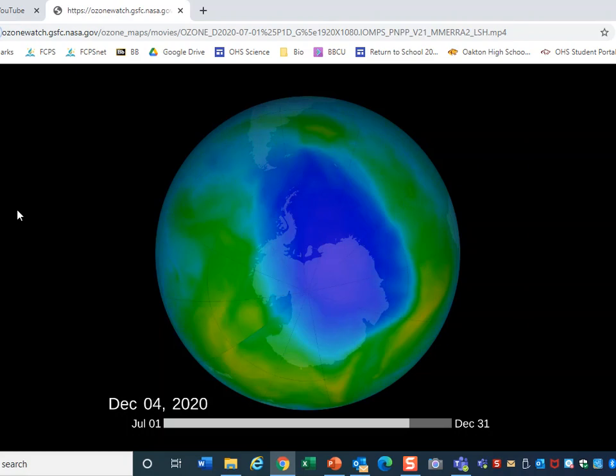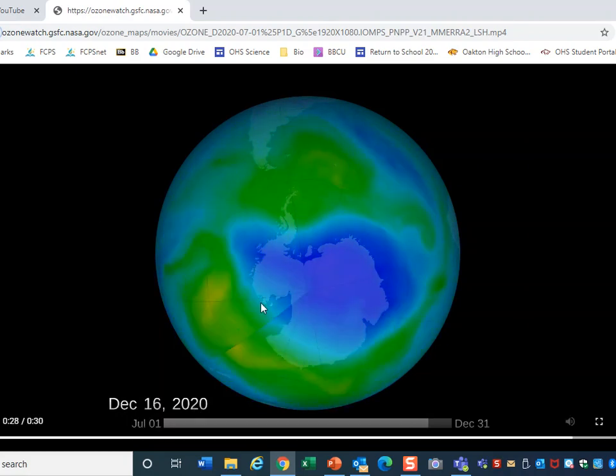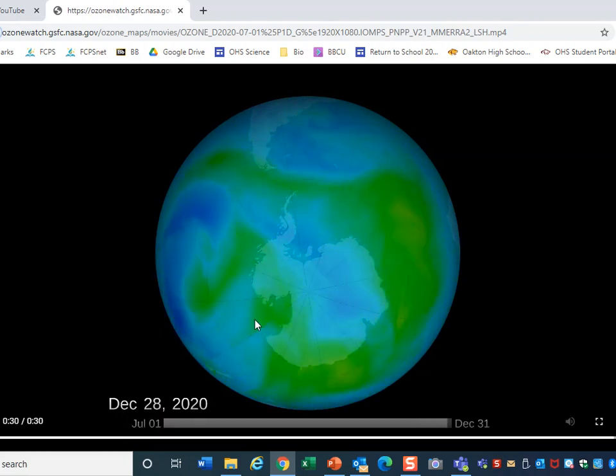And what you're going to notice is as you move through your October and November months, the thickness of the ozone layer is markedly thinner, but it improves and actually completely resolves by about December. And this is a typical annual cycle of ozone.